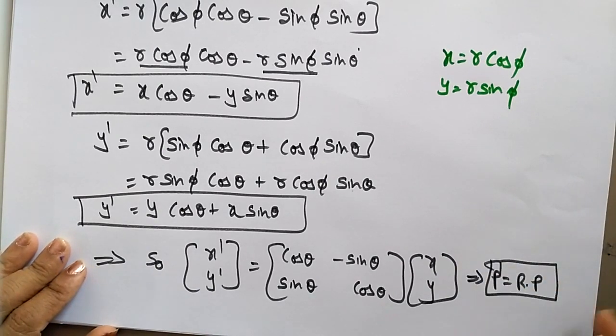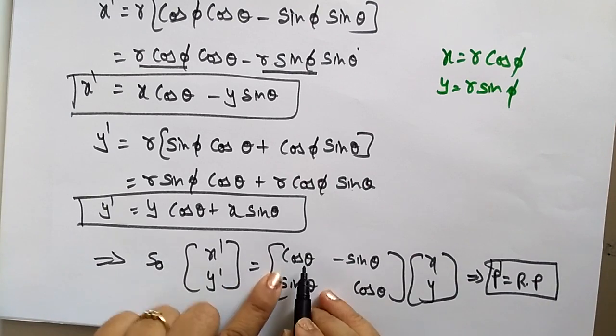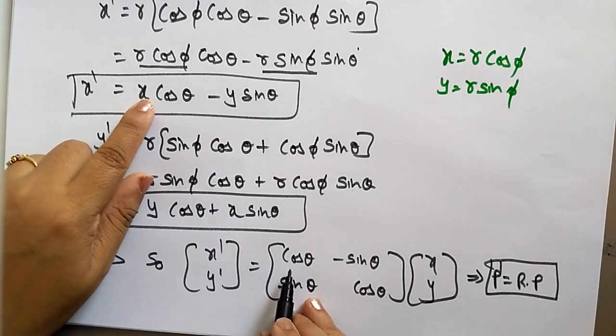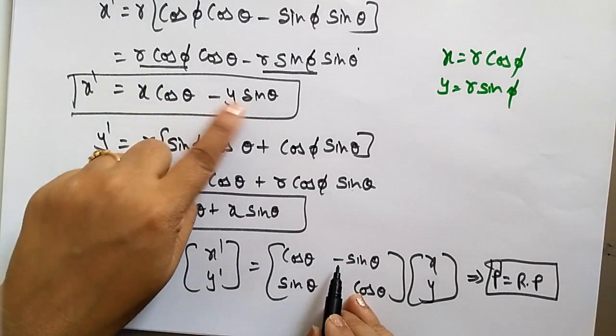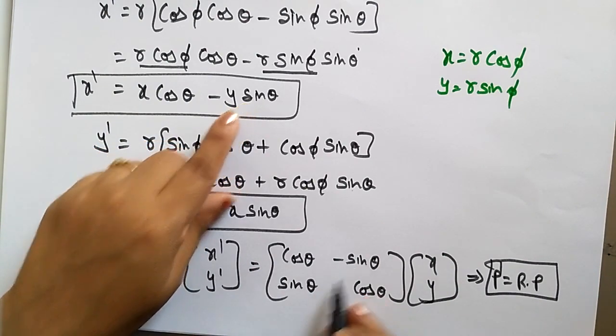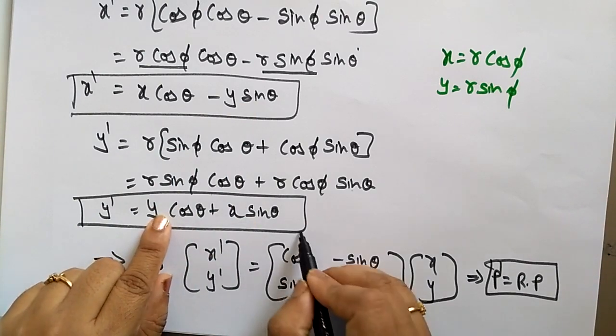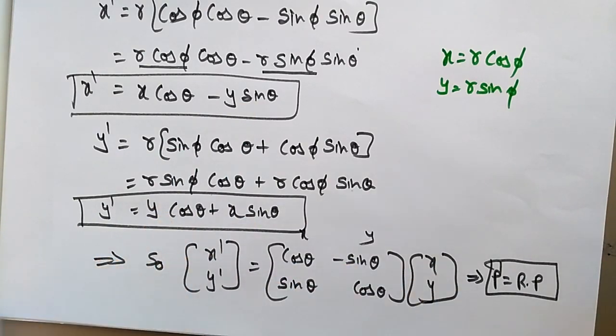For translation you do the plus, and for rotation p dash is equal to R into p. Okay, so I have just written the coordinates here. The x coordinate is cos theta and the y term is minus sin theta. And here the x is sin theta and y is cos theta. So this is just nothing but the a, b values.